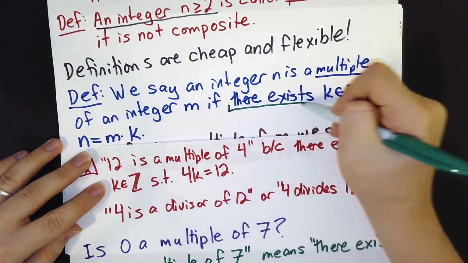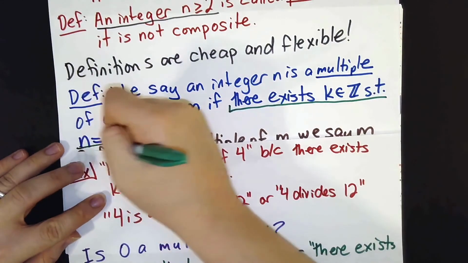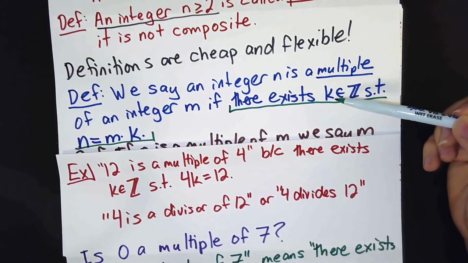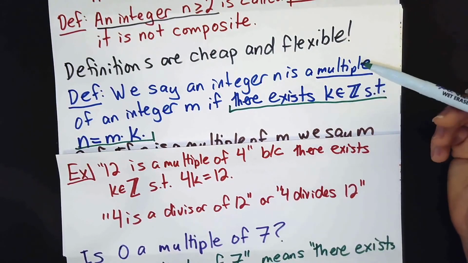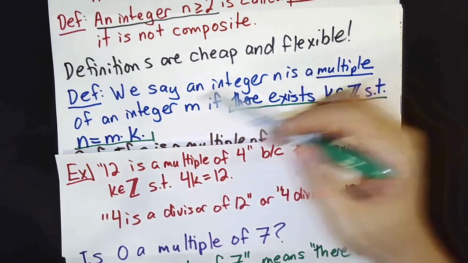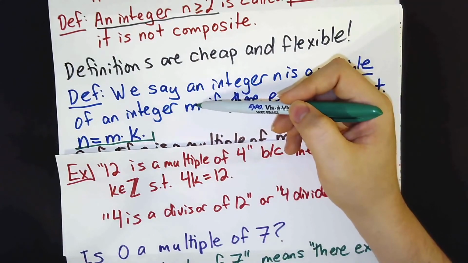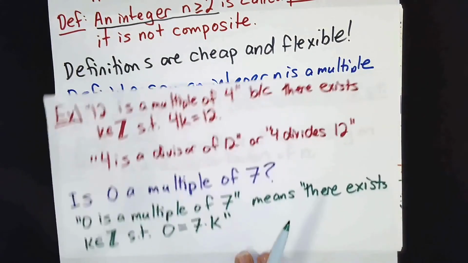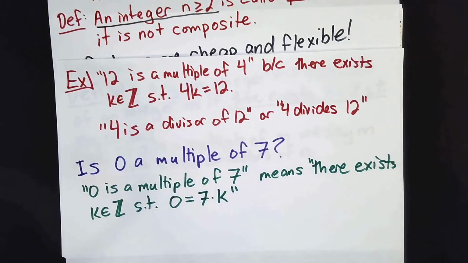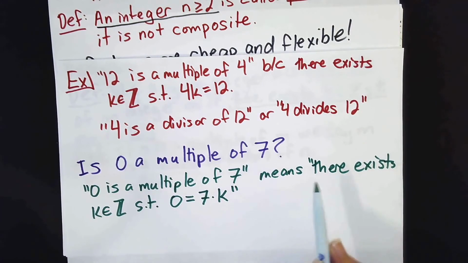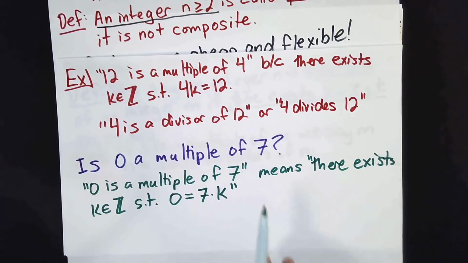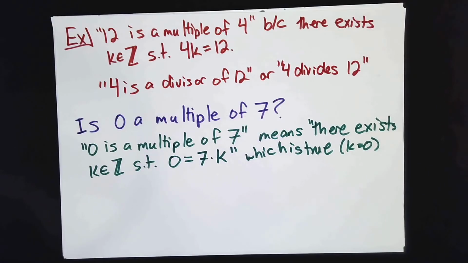I just copied this piece, and I substituted in the fact that I was talking about n being 0 and m being 7. And so that gave me this. So is it true that there exists a k in Z such that 0 equals 7 times k? Of course it is. I can take k to be 0.